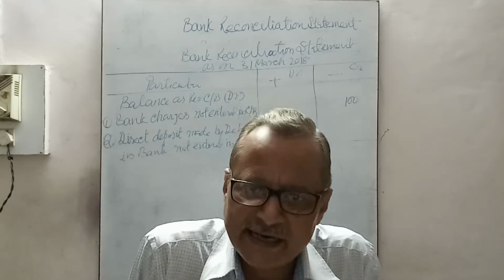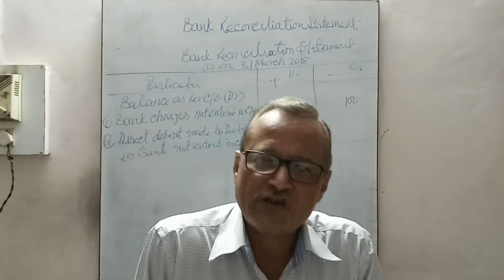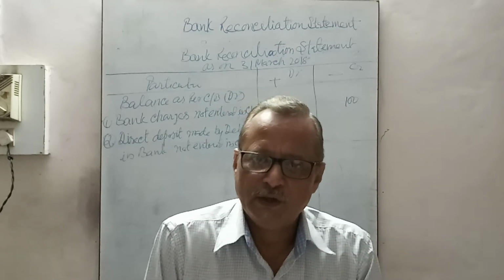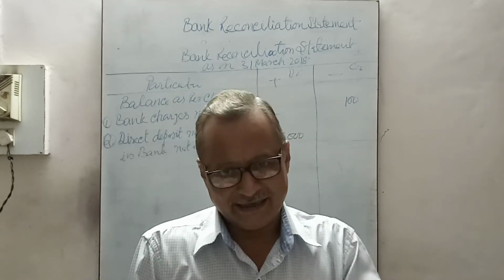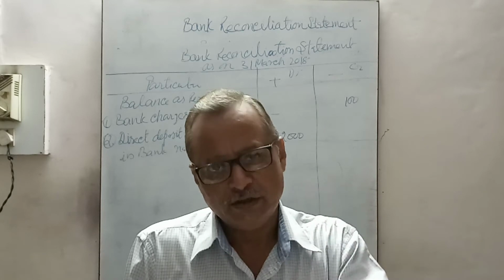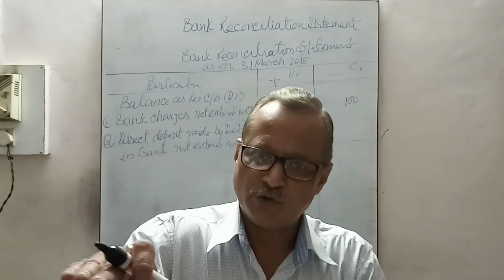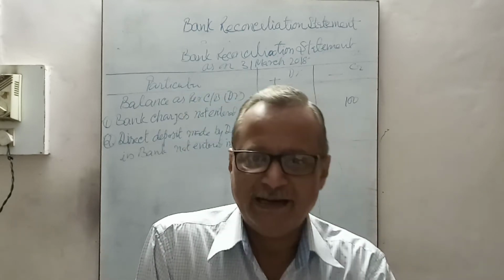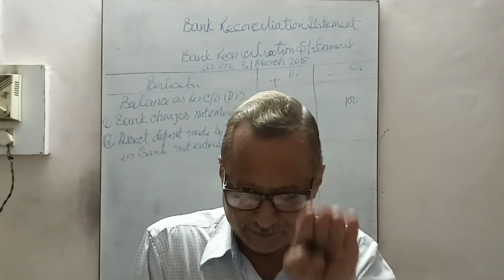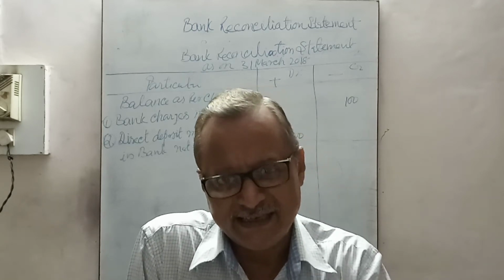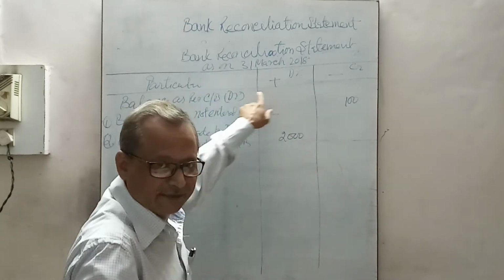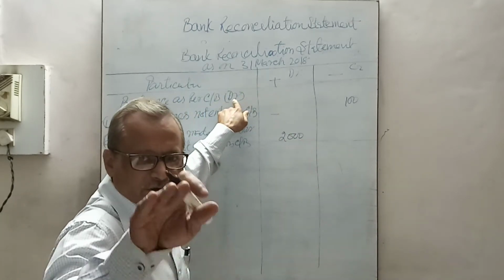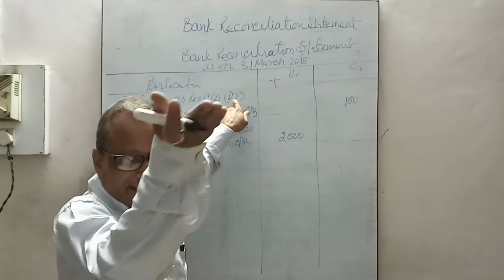Once it is not presented, the passbook balance will show an increased balance in comparison to the cash book, or the cash book will show a decreased balance in comparison to the passbook. As it is a decreased balance, this particular item is decreasing the balance of the cash book, and we have taken the balance as per cash book. So if it was decreasing, that should be increased.